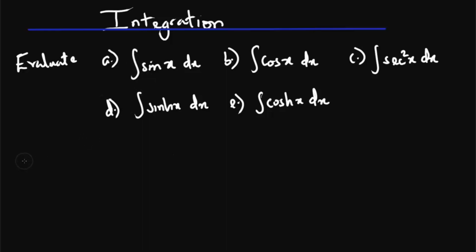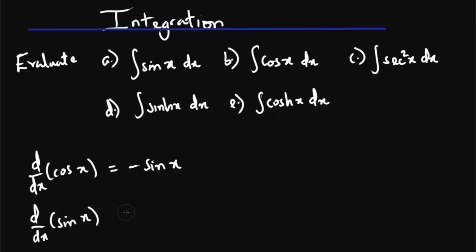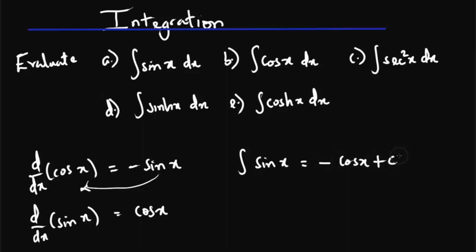If you recall, when you differentiate cos x, you have minus sin x. When you differentiate sin x, you have cos x. So when you integrate sin x, it's going to be the opposite. You're going to have minus cos x plus c. And put the dx here.